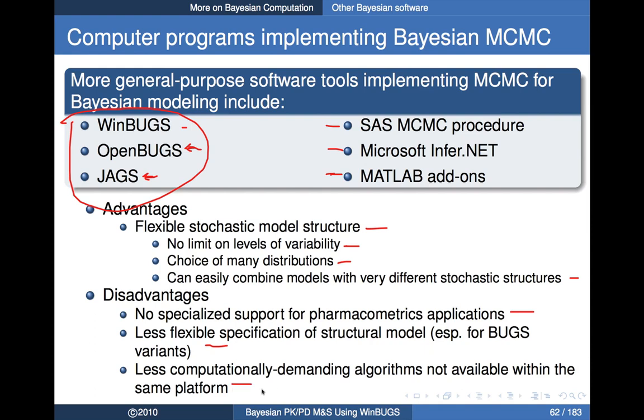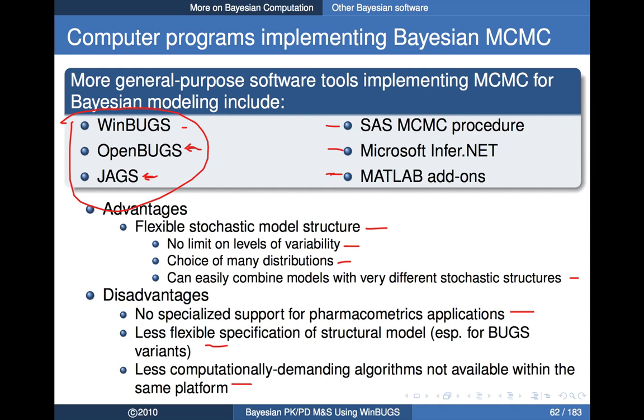And again, there are no less computationally demanding algorithms within the same platform. It would really be nice if they had tools for calculating posterior modes or something like that, which could be done more quickly than full MCMC, but currently they're not built into those platforms.